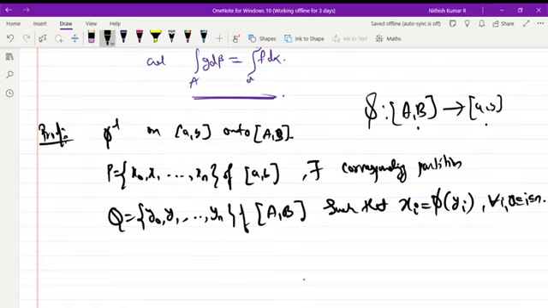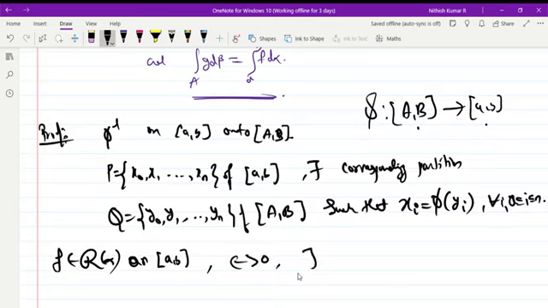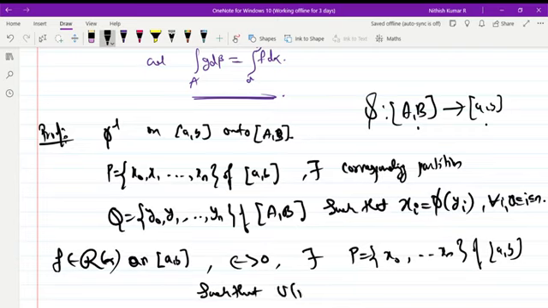Now since f belongs to R of alpha, that is f is Riemann Stieltjes integrable on the closed interval a comma b, by using the Riemann criterion, for given epsilon greater than 0, there exists a partition P equal to x0, x1, so on up to xn of the closed interval small a comma b, such that U(P, f, alpha) minus L(P, f, alpha) is less than epsilon. Let's name this as star.